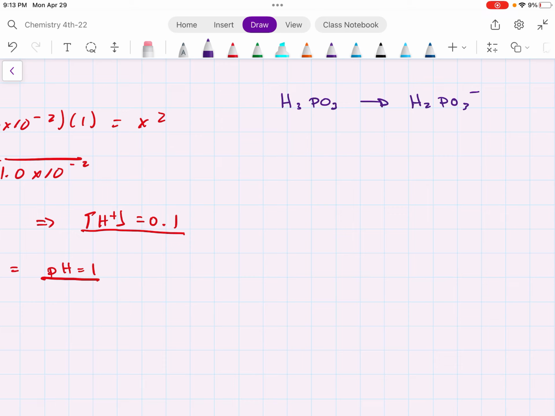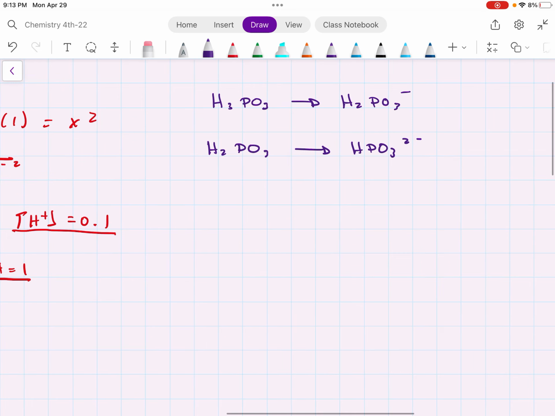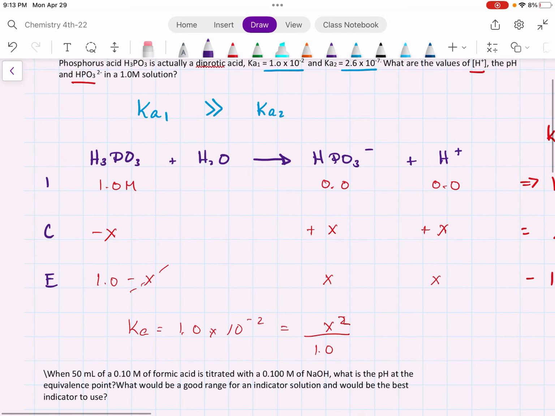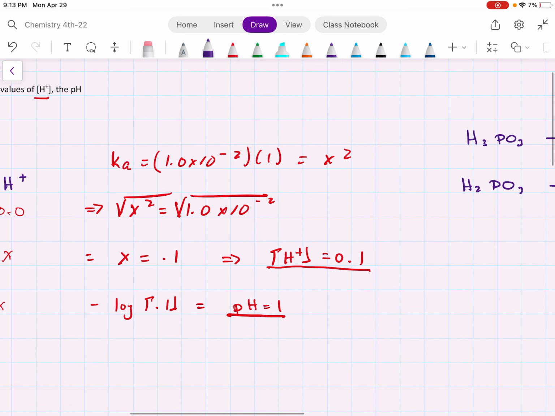And then the one that comes after that is H2PO3 becomes HPO3, 2 minus. Now, this has a Ka, this has its own Ka, which was the 1.0 times 10 to the negative 2. And this has its Ka2 at 2.6.